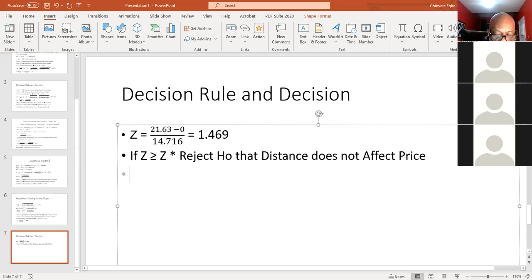If Z is less than Z star, you cannot reject the null hypothesis.